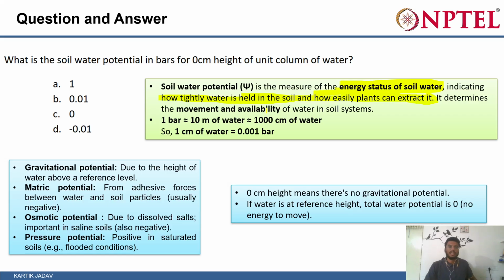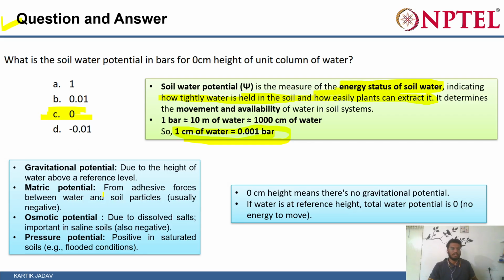It determines the movement and availability of water in the soil system. Generally we know that 1 bar is nearly equal to 10 meter of water column, approximately 1000 centimeter of water. So 1 centimeter of water is nearby 0.01 bar, and that's why in bar, 0 centimeter of unit column of water is nearly equal to zero. Correct answer is option C.